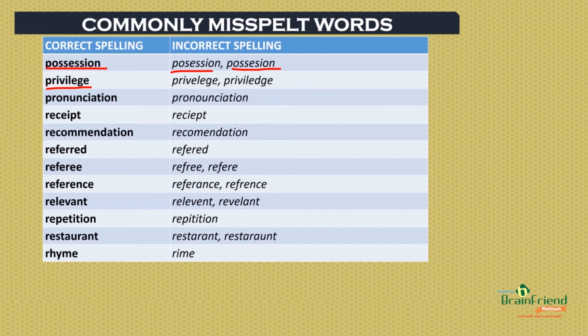P-R-I-V-I-L-E-G-E, wrongly spelled as P-R-I-V-E-L-E-G-E or P-R-I-V-I-L-E-D-G-E. Next, we have pronunciation, spelled P-R-O-N-U-N-C-I-A-T-I-O-N, but wrongly spelled as P-R-O-N-O-U-N-C-I-A-T-I-O-N.